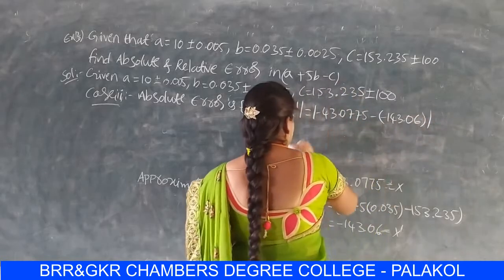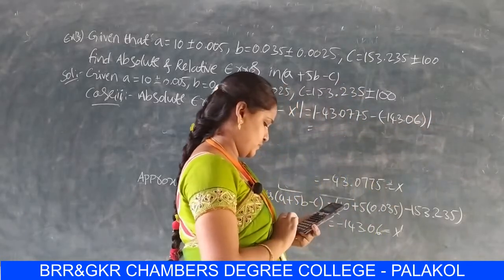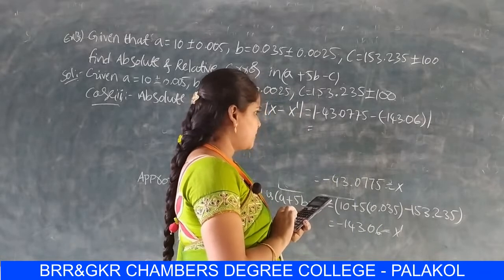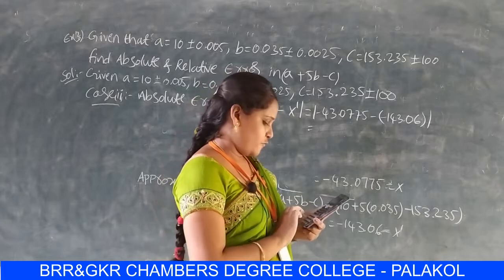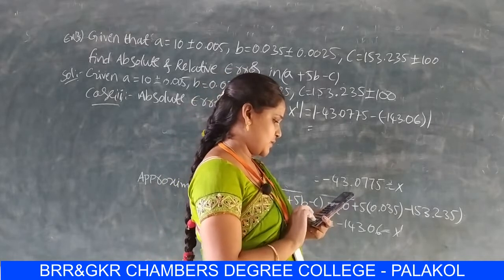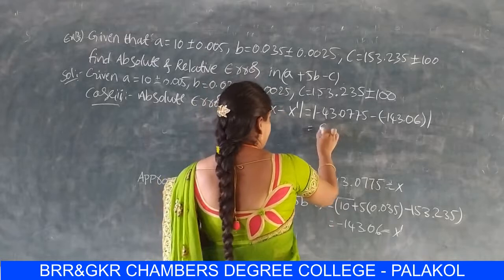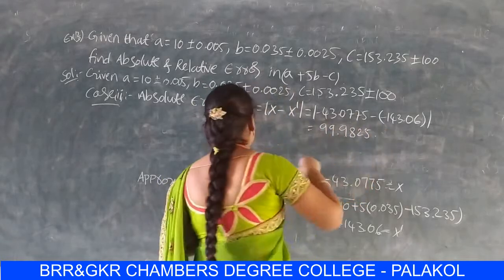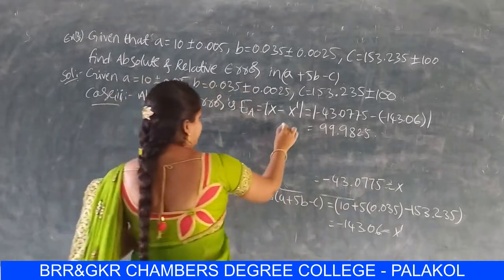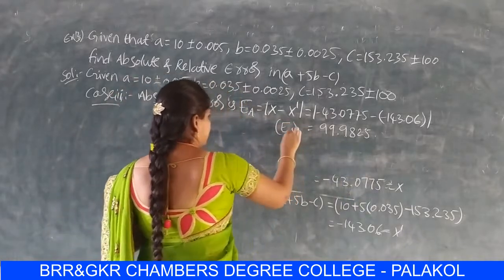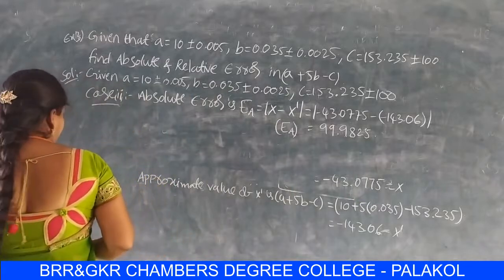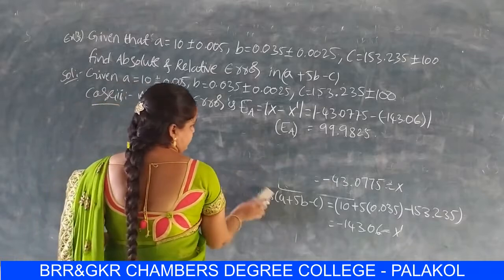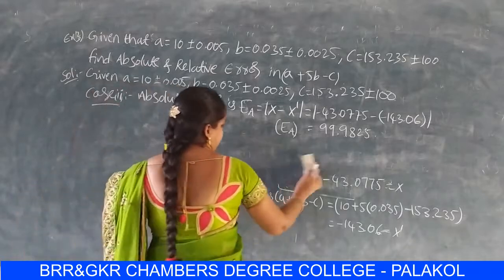So we simplify on the scientific calculator: minus 43.0775 minus of minus, which is plus 143.06, is nothing but 99.9825. So this is the absolute error. So now next we find out the relative error.